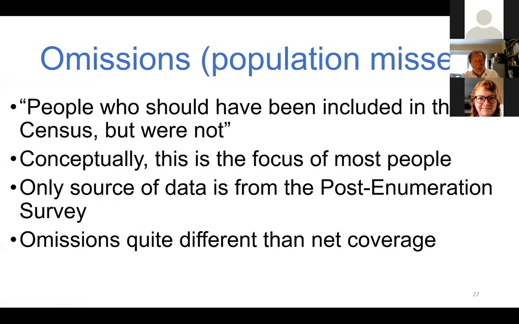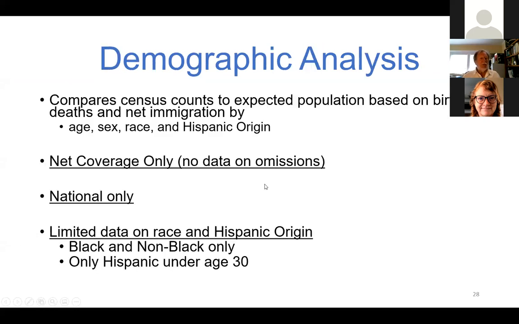I'm going to skip this because I think I already went through it and I'm a little bit pressed for time. As I said, the demographic analysis compares the census counts to expected population, and it's available by age, by sex, and somewhat by race and Hispanic origin. The limitations on race and Hispanic origin are listed at the bottom there, where the only two race categories that are available are Black and non-Black.